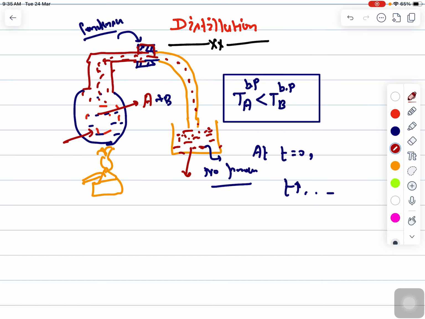And with time, the mole fraction of the more volatile component here will decrease. Why? Because some of the less volatile component will also get converted into vapor, because it can also reach its boiling point, right? So this is the simple concept of distillation, where you separate two or more components based on their boiling point or relative volatility or vapor pressure, right?